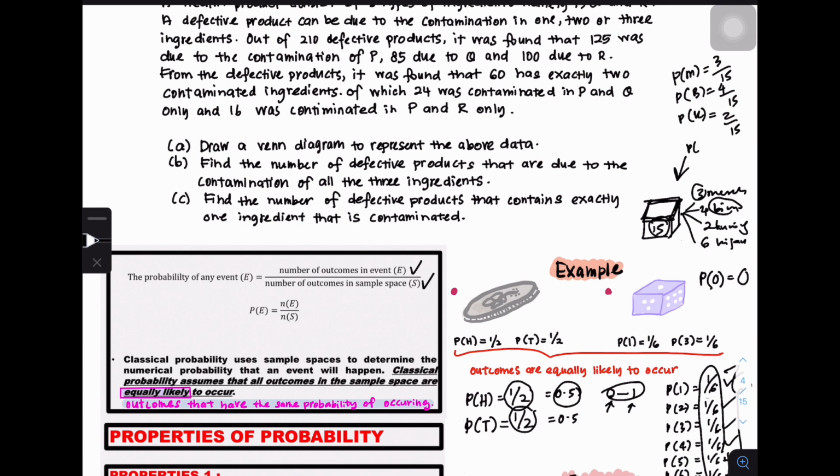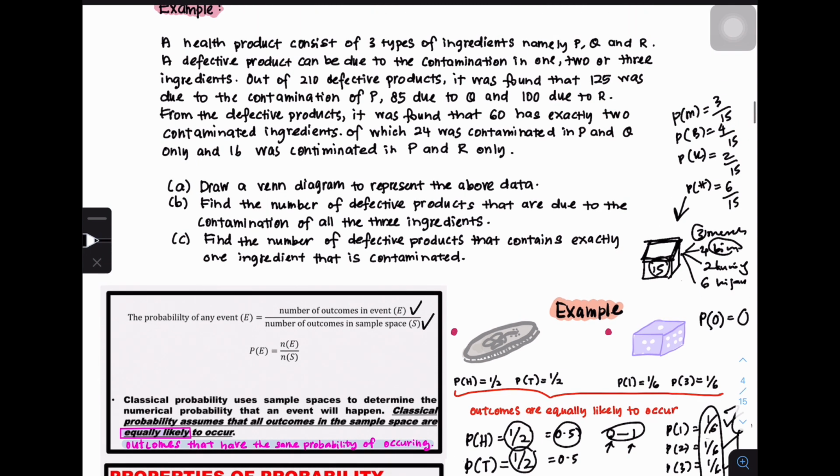Dan probability kita nak dapat bola warna hijau adalah 6/15. So kalau awak tambah semua sekali, 3/15 tambah 4/15, 7/15, 7/15 tambah 2/15, 9/15, 9/15 tambah 6/15, awak akan dapat 15/15 sama dengan 1.